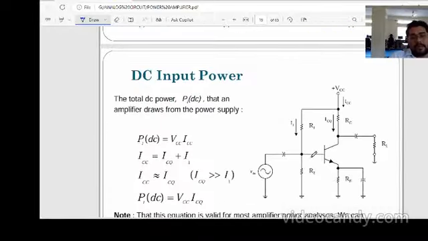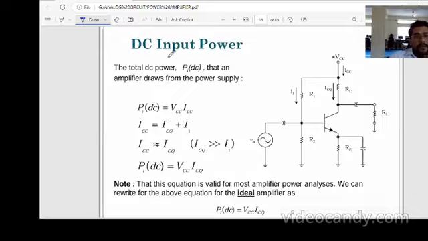DC input power: the total DC power that the supply delivers to the amplifier circuit.